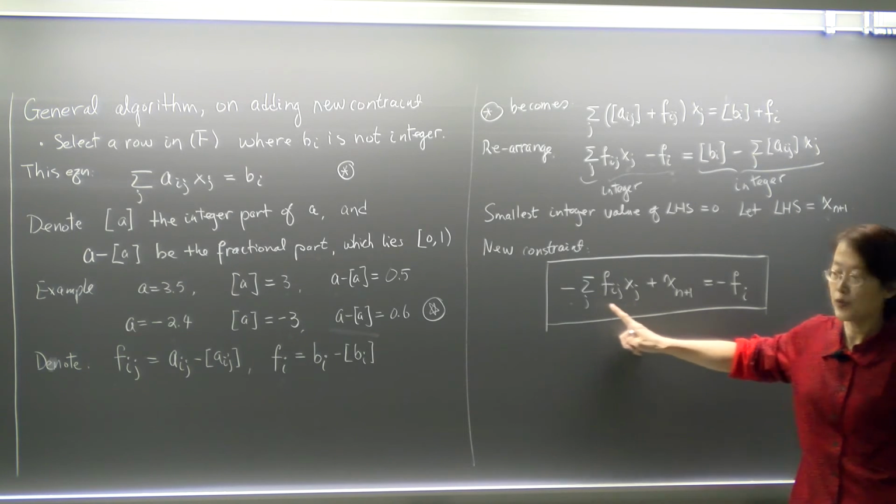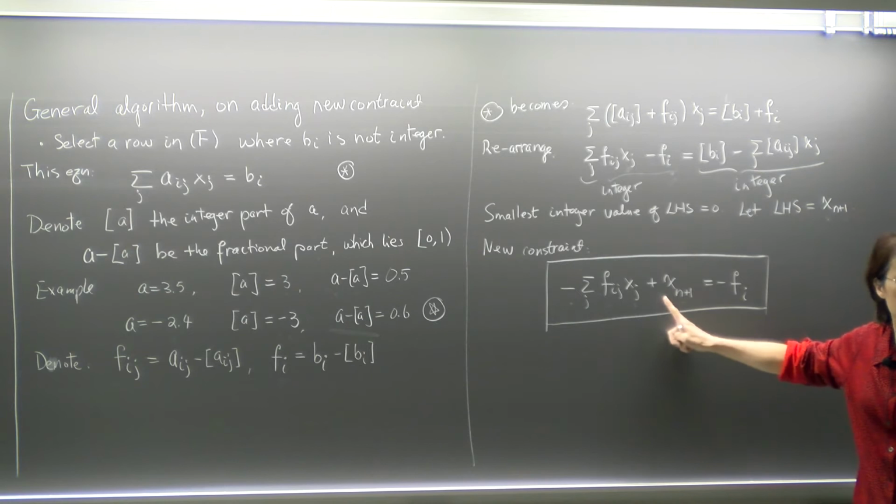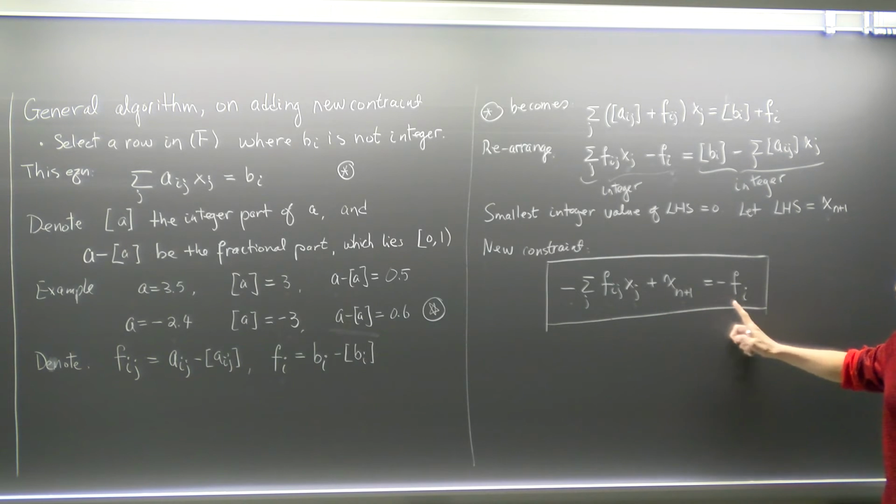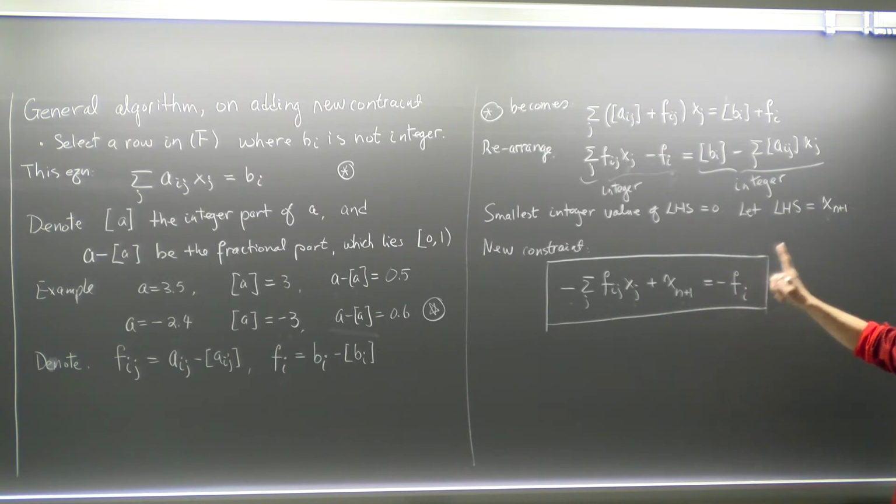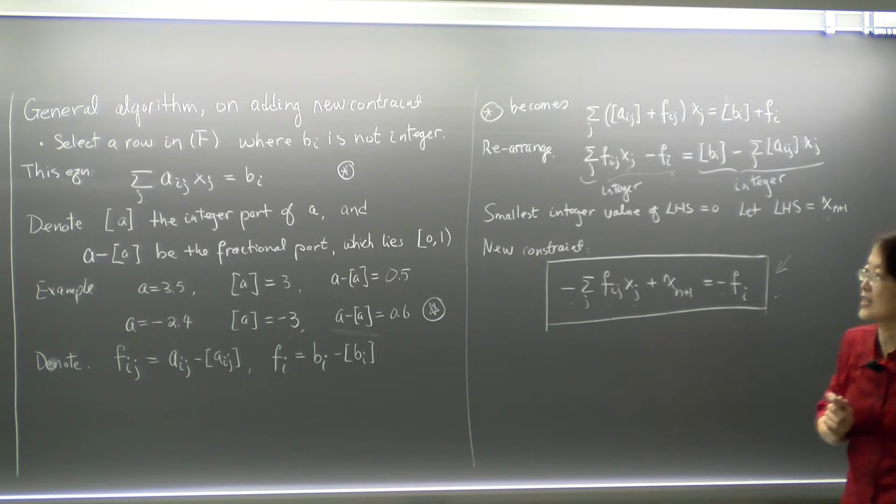Add them all up, and then you have a new variable which will have coefficient 1. And then the right-hand side, the constant term, will be the fractional part of the constant term of the row you choose, but made negative. So we can actually write down the constraint immediately following this formula. Is that clear? We'll take it in an example.